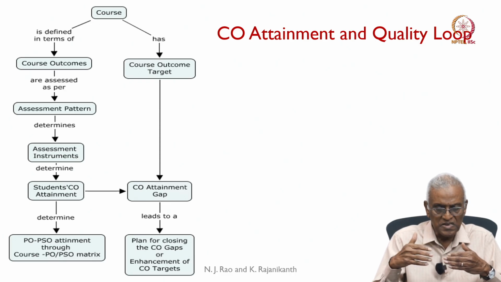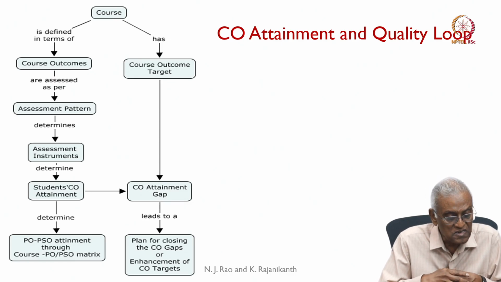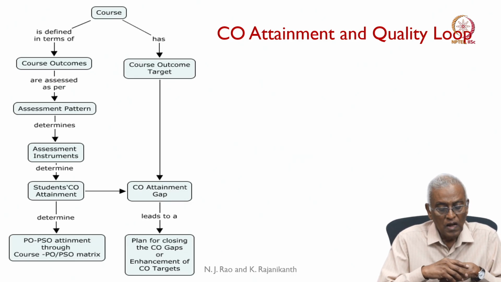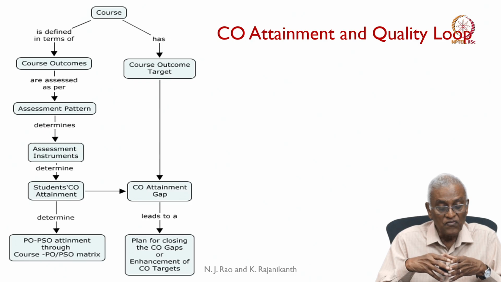Both are possible. Sometimes we exceed the target. That means the students have performed much better than what I expected, and sometimes the students may fall short of that. Both are possible. So once I compare the actual attainment with the target, that comparison will help plan for closing the CO gaps.